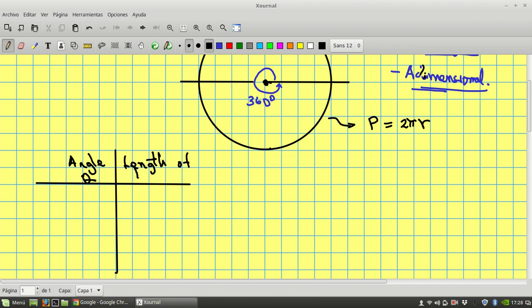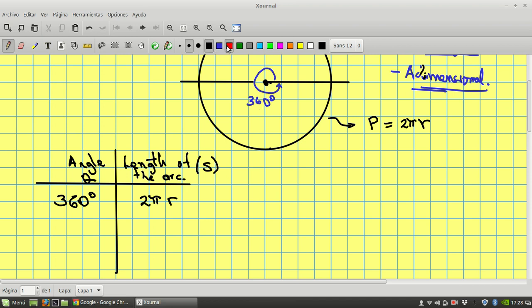So the length of the arc, if you have a 360 degree angle, is going to be 2 pi r. Let me use s as the length of the arc. But what happens if I don't take 360?